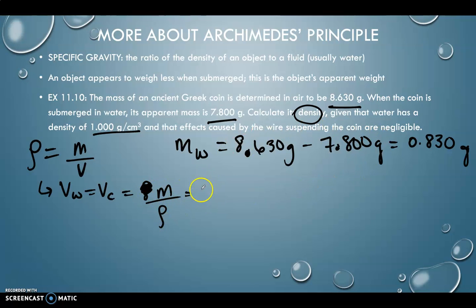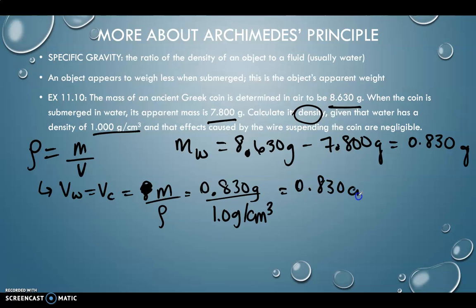So let's take that mass, 0.830 grams, and divide it by our density, which is 1.0 gram per centimeter cubed, which is going to be 0.830 centimeters cubed.